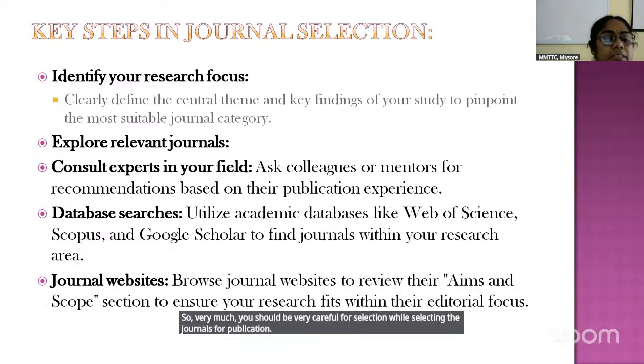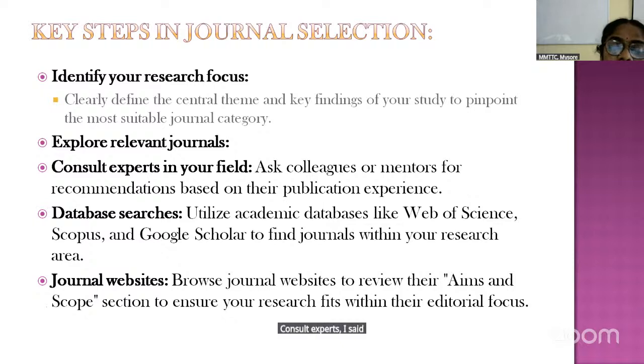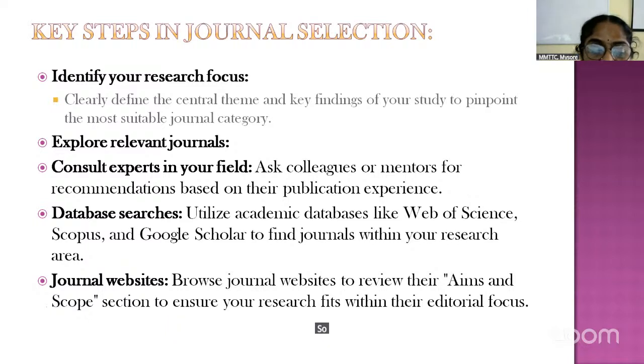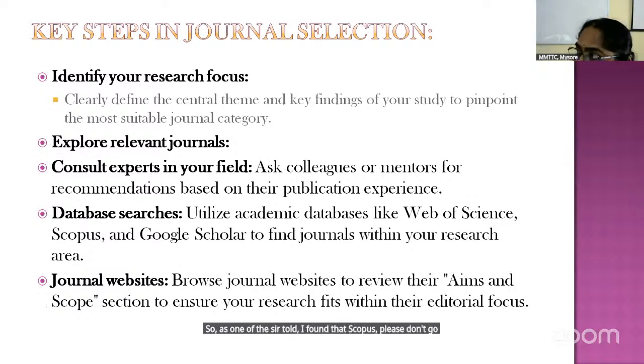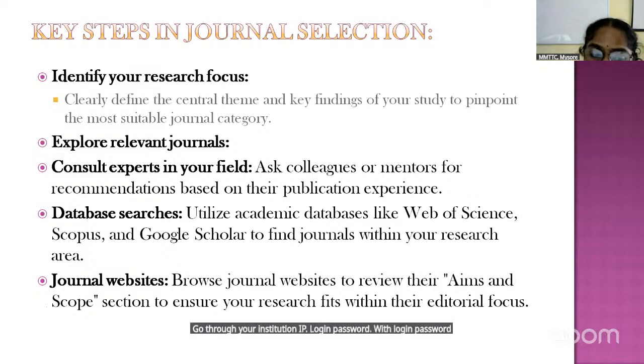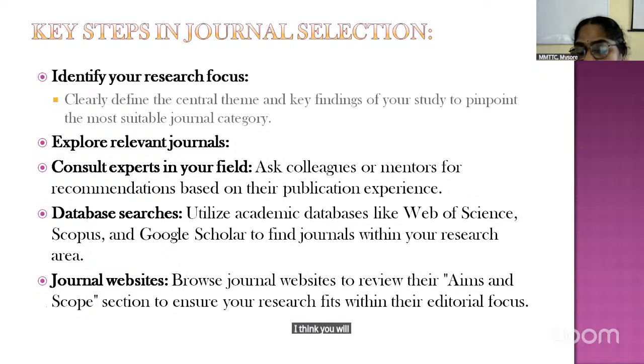Consult experts, as I said. Database searches: utilize academic databases like Web of Science, Scopus and Google Scholar to find journals within your research area. As one of the sirs told me, I found Scopus. Please don't go through Google; go through your institution IP with login and password, and you won't be falsified there.